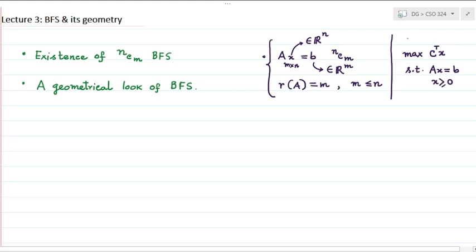This is what we call the standard form of a linear programming problem, where the matrix A is of order m by n, rank of A is m, and m is less than or equal to n. Under this setup, we are going to describe several results on approaches to solving this standard linear programming problem.